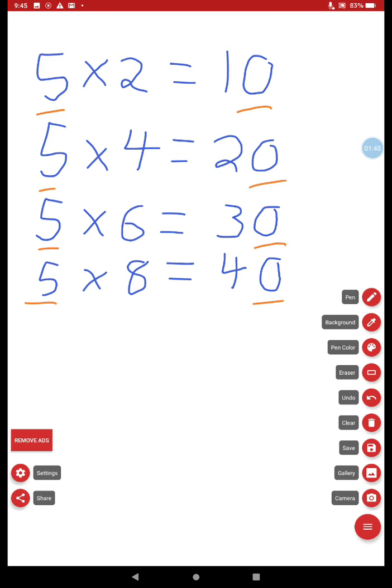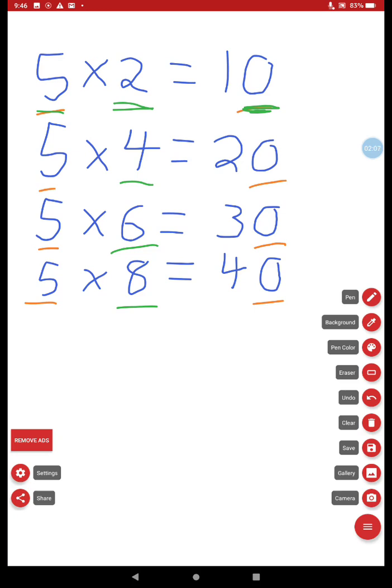But what's similar about the second number? 2, 4, 6, 8. We call those even numbers. So here's a pattern. When I take 5 times an even number, my answer is going to end with 0. Every time.